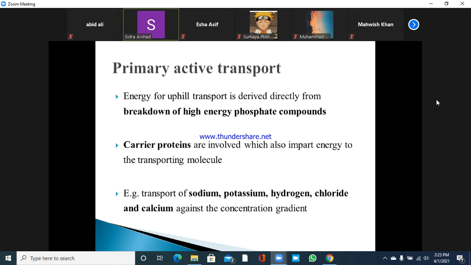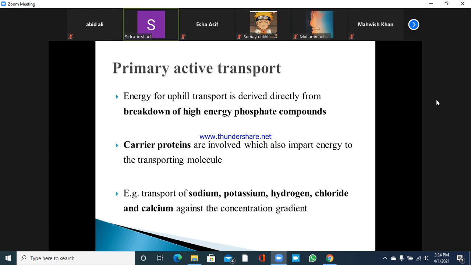The first thing is the utilization of energy. The second thing is the presence of carrier proteins. For active transport, the presence of these carrier proteins is really, really important. Basically, the particles or ions to be transported attach themselves to the carrier proteins, and then they are transported in whatever direction they are supposed to be transported.